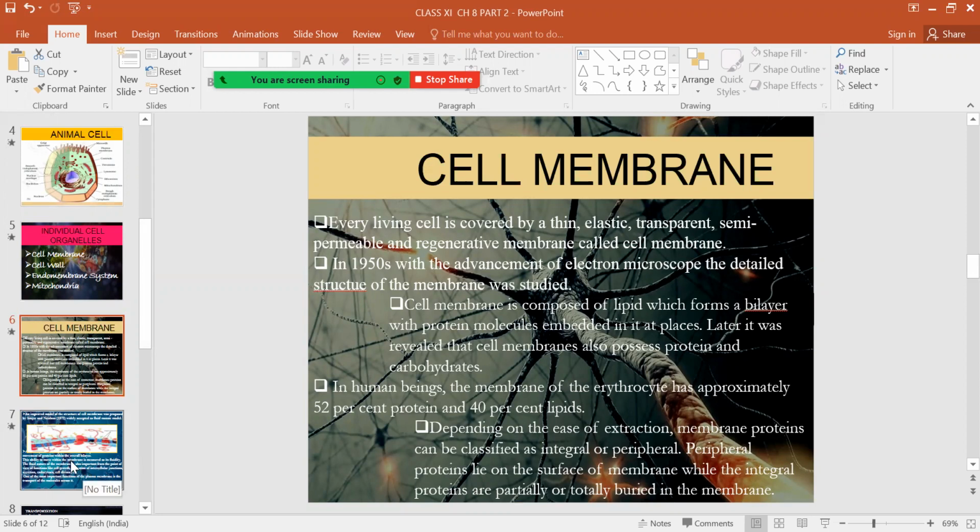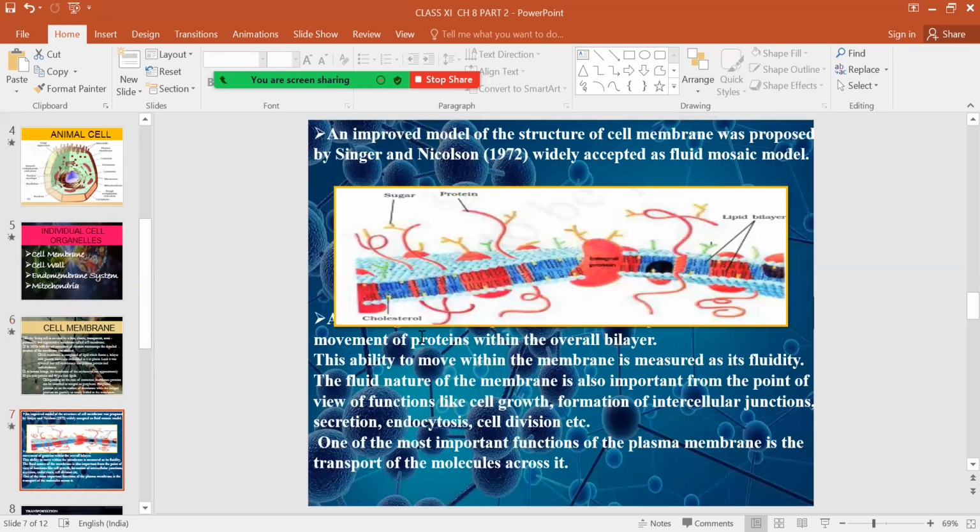Depending upon the ease of extraction, the membrane proteins can be classified as integral or peripheral proteins. Peripheral proteins lie on the surface of the membrane, while integral proteins are partially or totally embedded in the membrane.